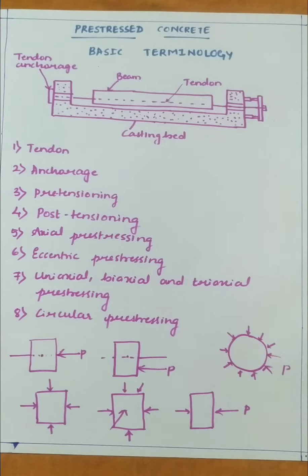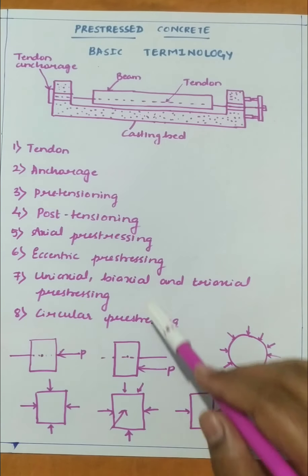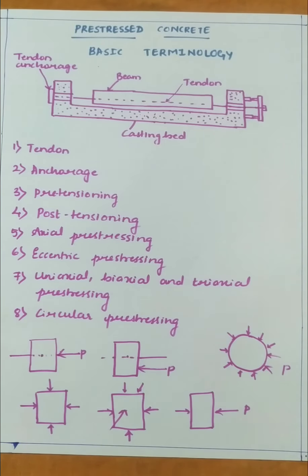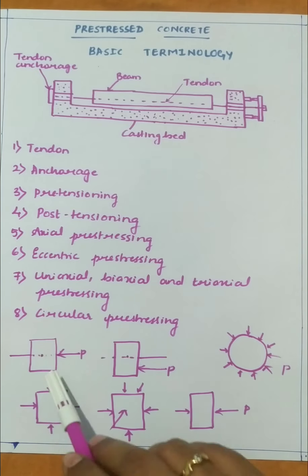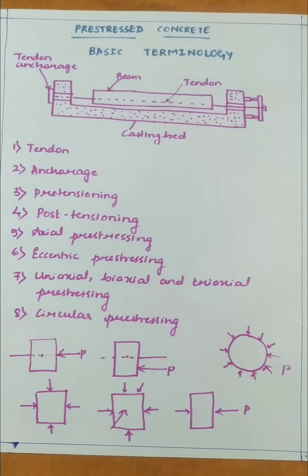If it is applied in two mutually perpendicular directions, then it is called biaxial pre-stressing. And if it is applied in three mutually perpendicular directions, then it is called triaxial pre-stressing.